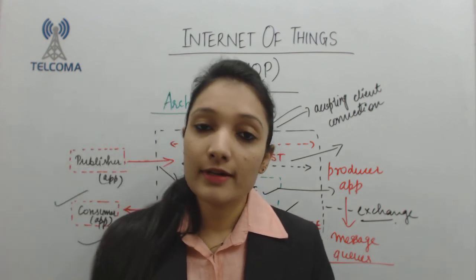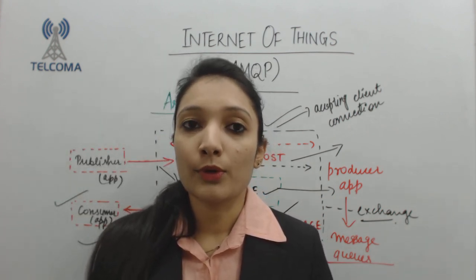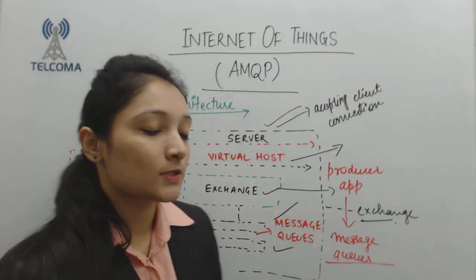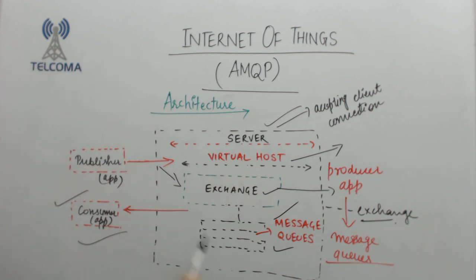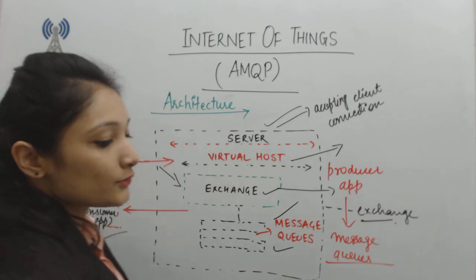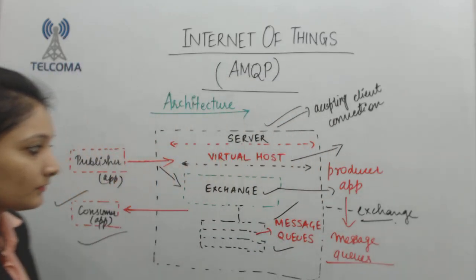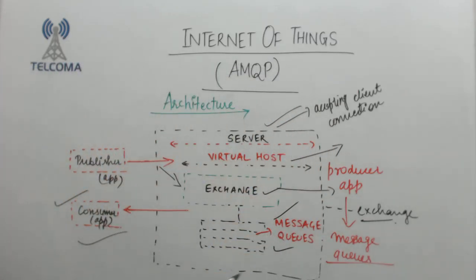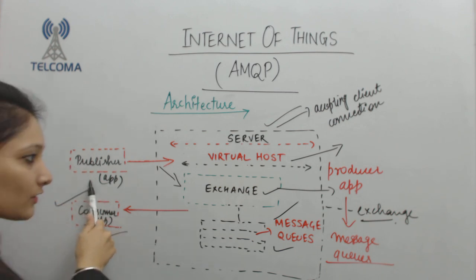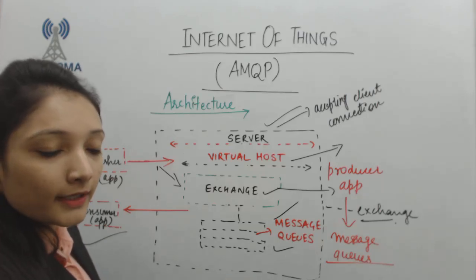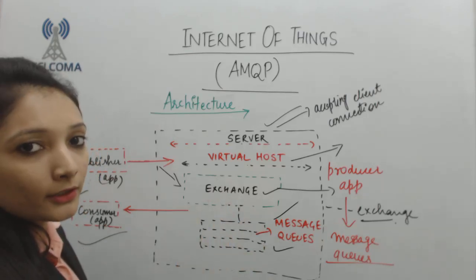That's why it's referred to as the Advanced Message Queuing Protocol, because the main focus is on transferring those messages in a queue, since after that the message has to be transmitted to the consumer application in the right manner. So this is the whole cycle for this protocol, starting from the publisher application. When you transmit a message, the server will be accepting your connection.